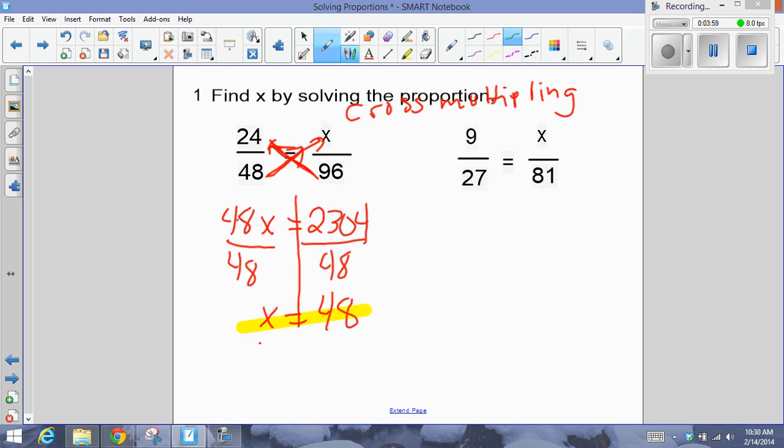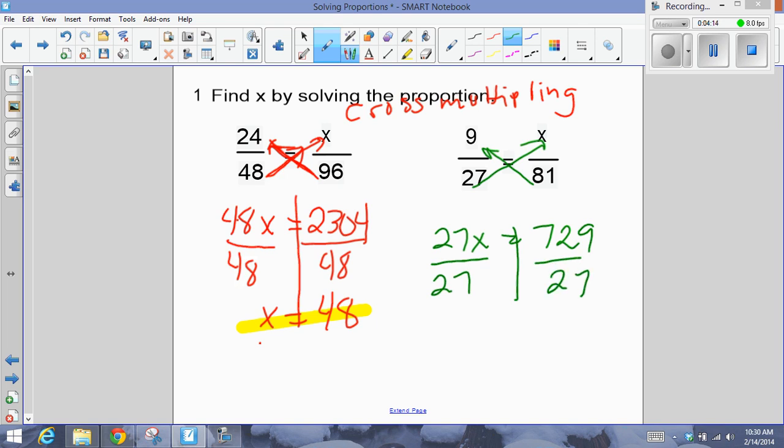Okay, let's try this one over here. Same thing. We're going to multiply 27x and 81 times 9 is 729. I got a one-step equation, so I need to divide both sides by 27. And I get 27.